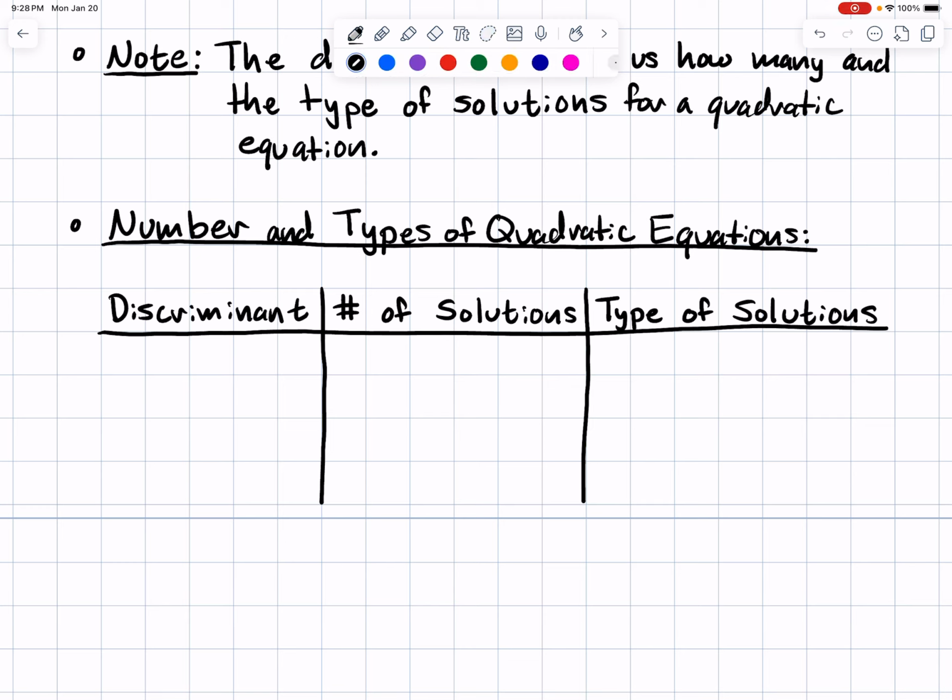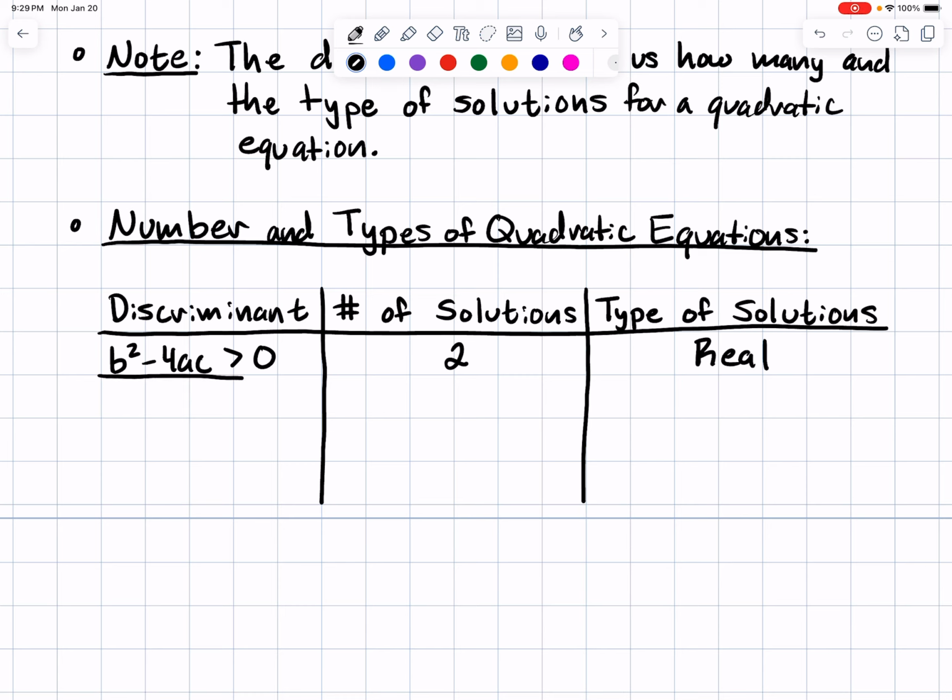So, first, if our discriminant, b squared minus 4ac, is greater than 0, that means you have two solutions and they are real solutions.